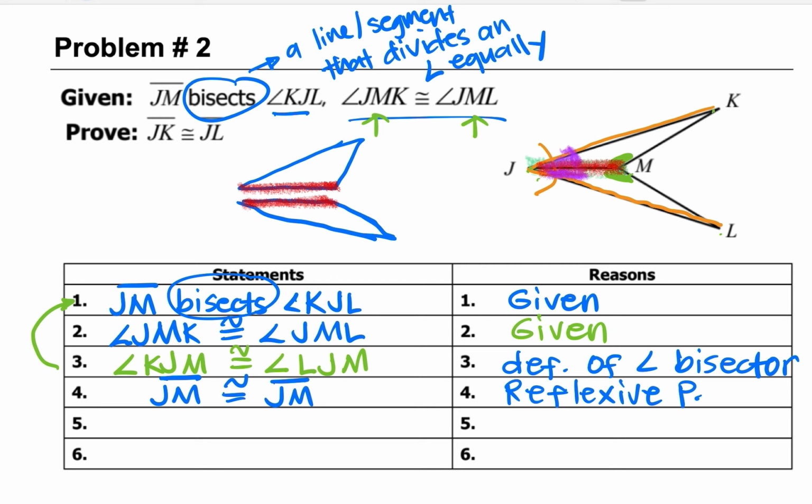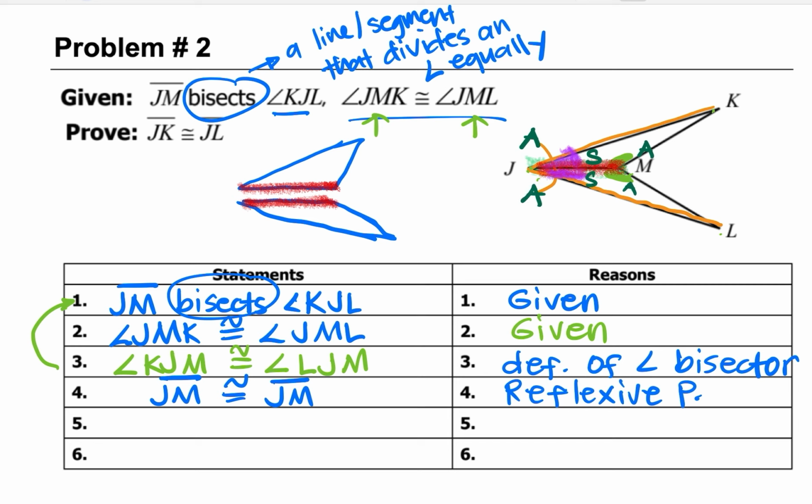So if we go back to the figure and try to figure out what triangle congruence theorem is involved, we have here an angle, a side in the middle, and an angle. So if I'm looking at the bottom triangle, it is angle, a side, and an angle.